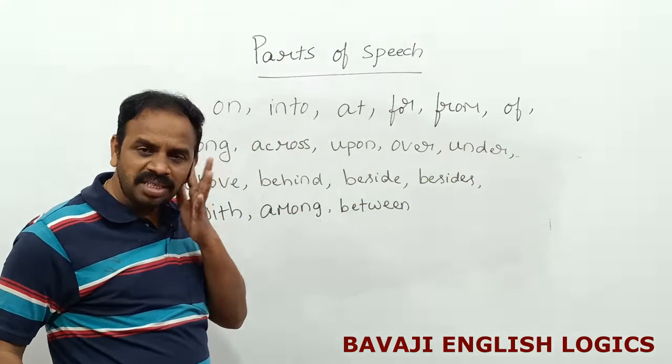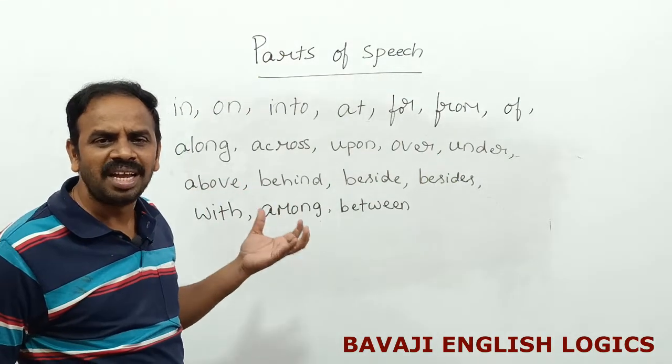All these are prepositions. So all these are different types of prepositions that we use in the English language.